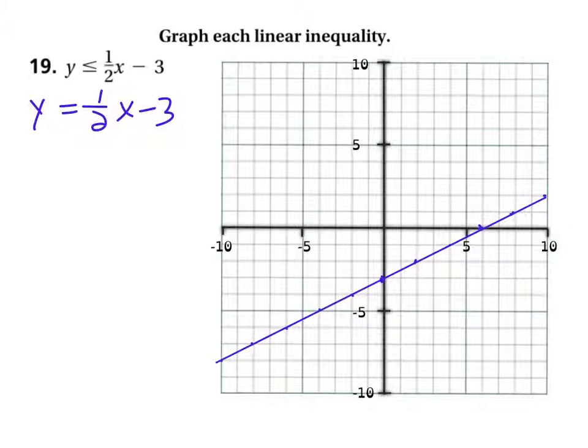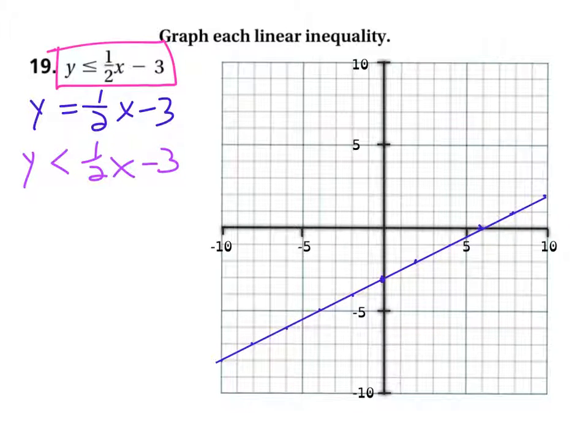Well, you can really break this linear inequality into two things that should both be true. One of them is what you see, y equals 1 half x minus 3, and the other is the inequality y is less than 1 half x minus 3. They're combined together to be the full statement that you're given, y is less than or equal to 1 half x minus 3, but it's really two parts.